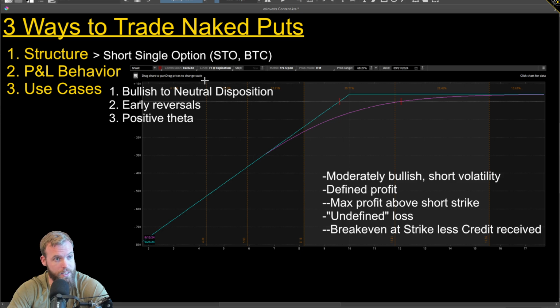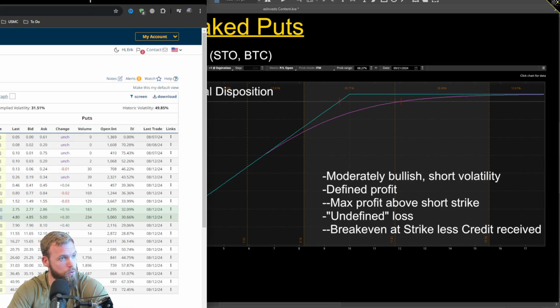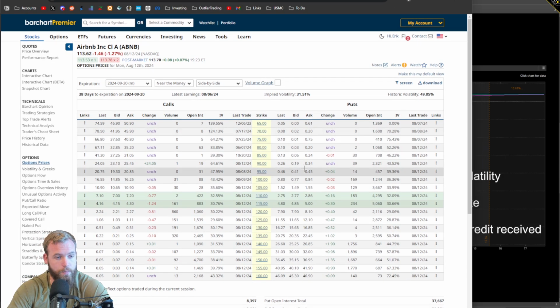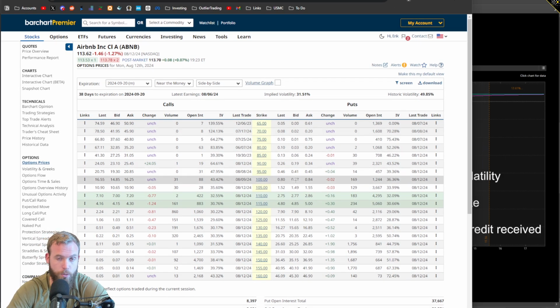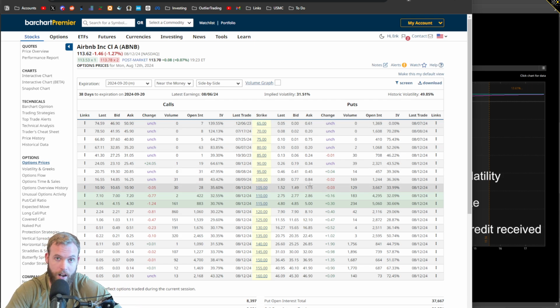And it's because in this example, well, let's use Airbnb, you're only collecting $80. That's your max profit. What you don't want to do is take in that $80 and then have something that moves against you massively and you accumulate a huge loss trying to make just $80.